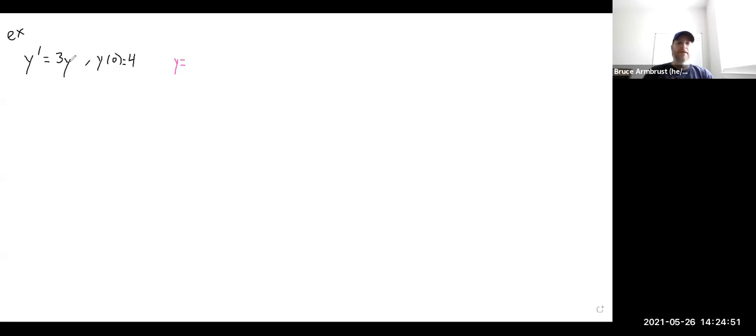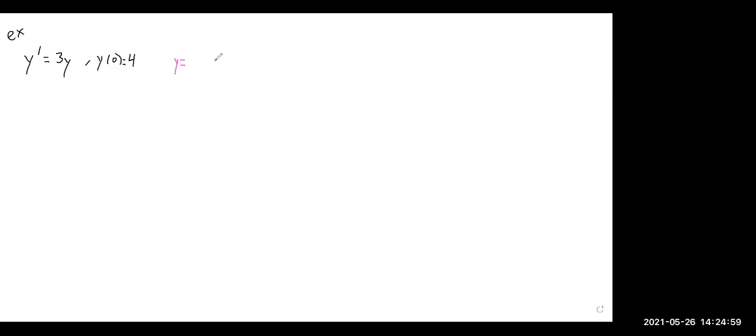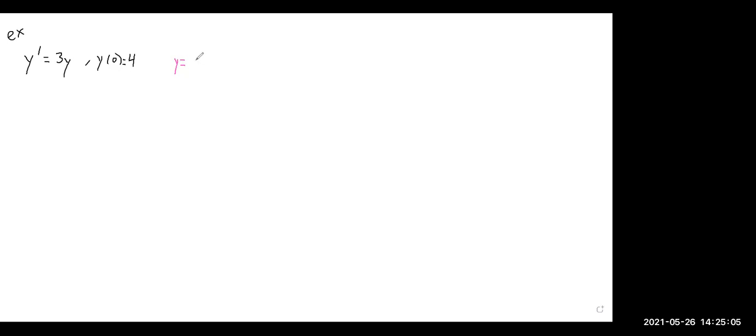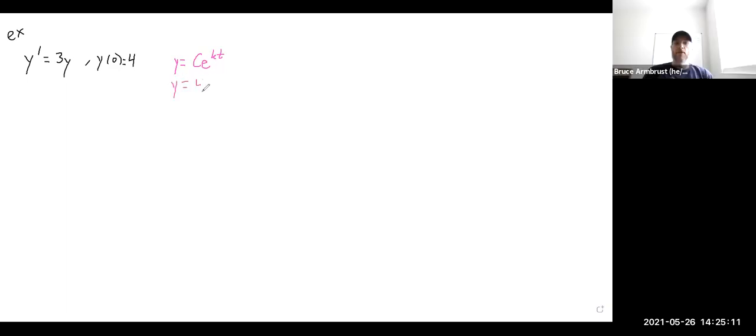You're thinking as if this was in x or t, and you just integrate. Yeah, this is y prime equals ky, so the solution is c e to the kt, which in this case is 4e to the 3t.